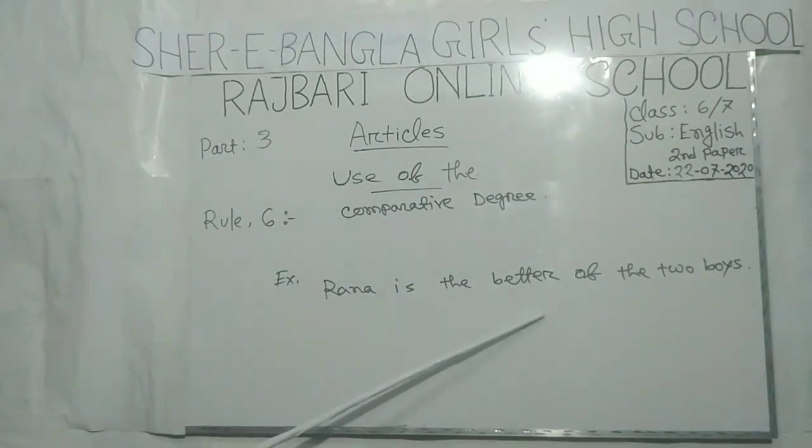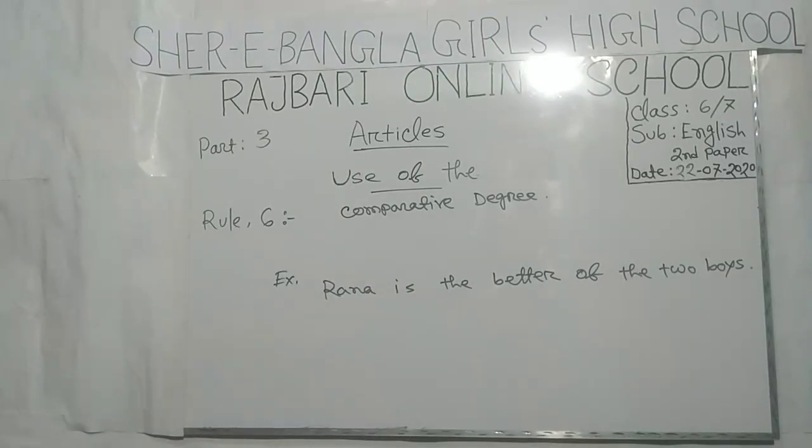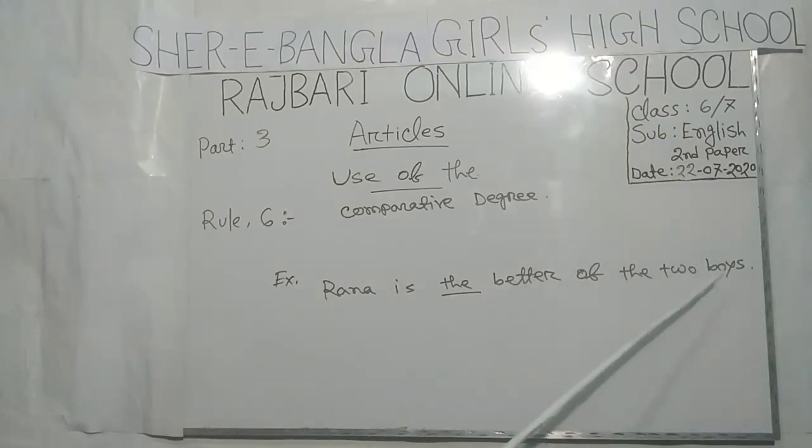When you see the comparative degree and comparing two boys or two persons, at that time you have to use the article "the". I have written the sentence on the whiteboard: Rana is the better of the two boys. I hope you have understood these things and this discussion very well.